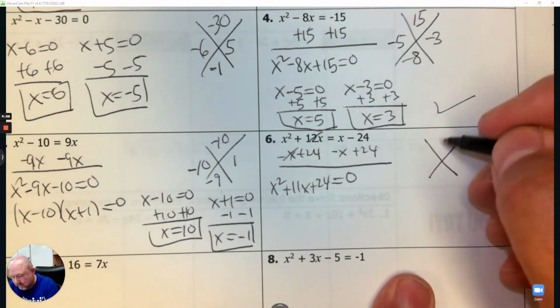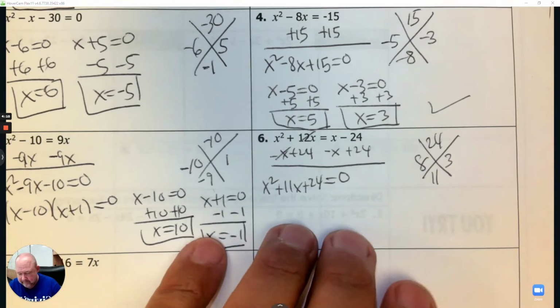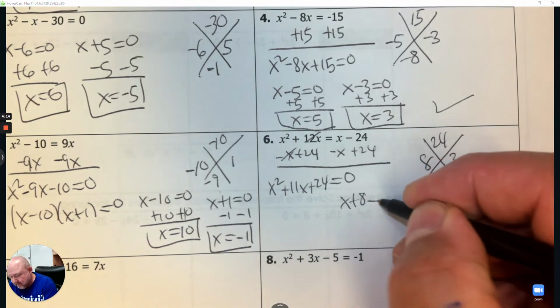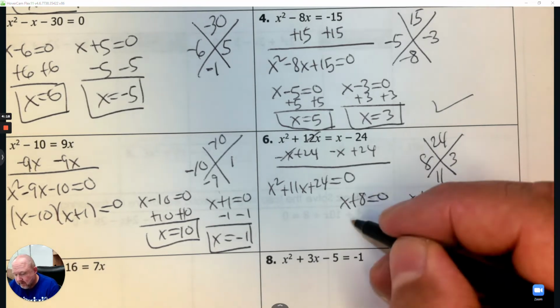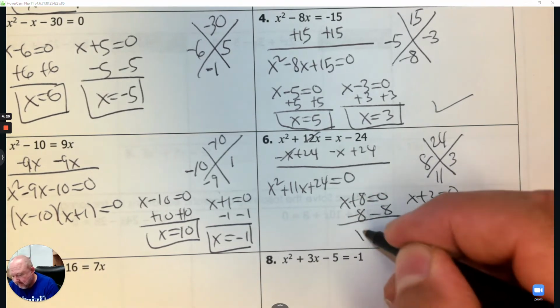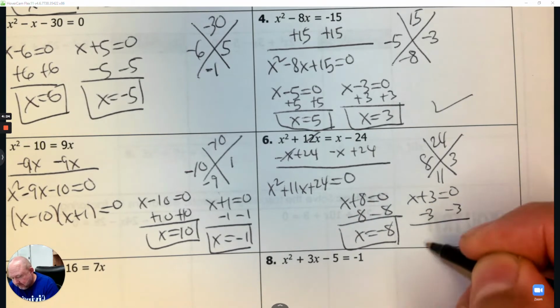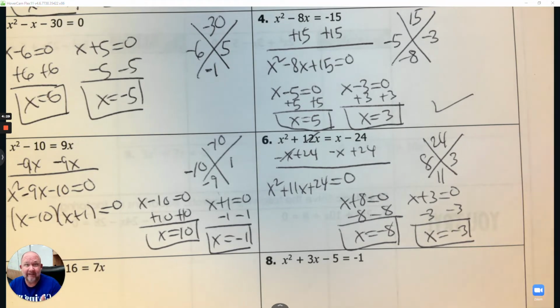Now I can factor it. So 24 and 11. Find the two numbers that fit, which are 8 and 3. Then take each factor, 8 and 3, make them equal to 0, and solve them. So we're going to subtract 8 to both sides. We're going to subtract 3 to both sides. And we have our two answers, negative 8 and negative 3.